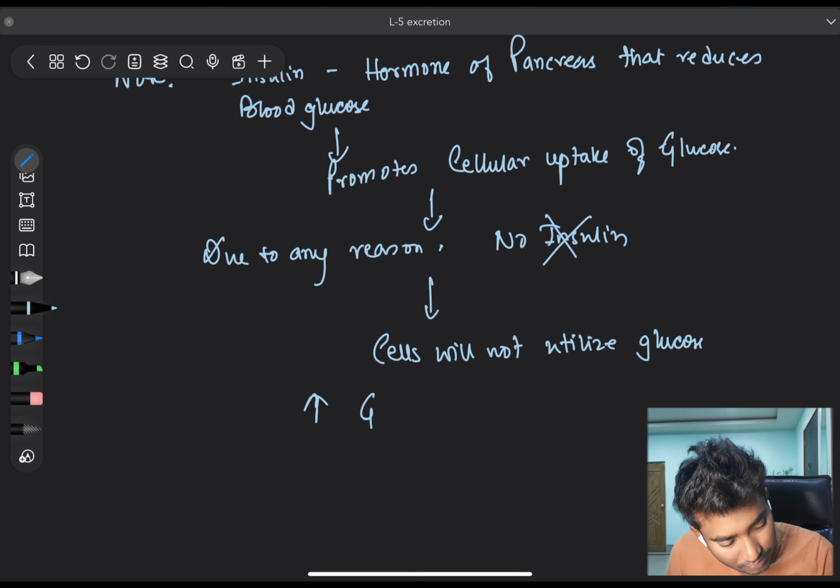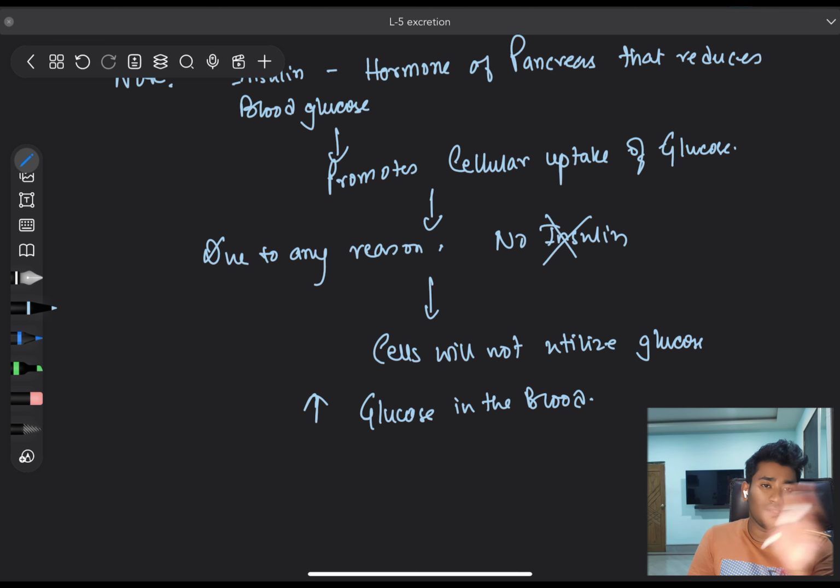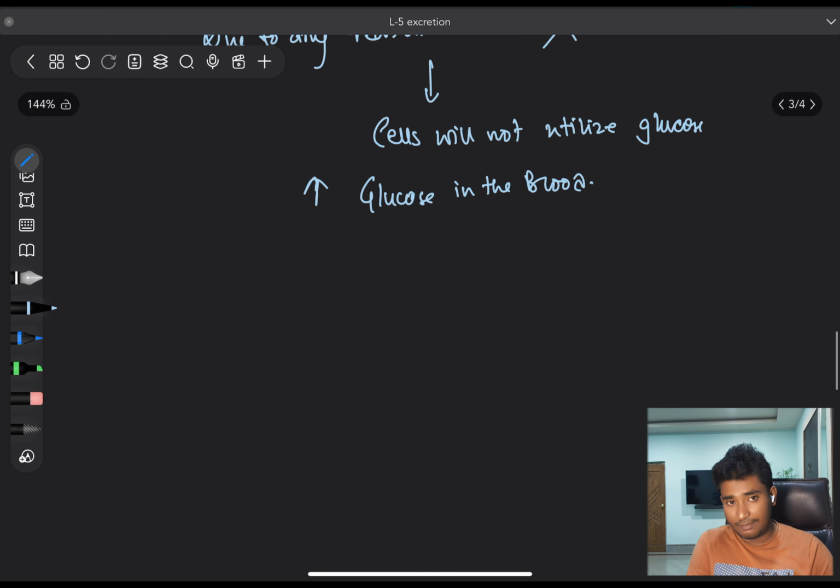So the glucose in the blood increases, because without insulin, how can the glucose transfer into the cell? It's not possible for the cell to take the glucose without the help of insulin, because of the presence of GLUT4. Okay.